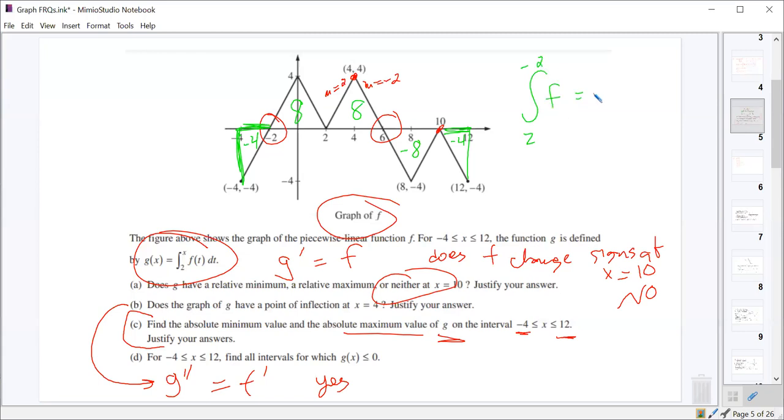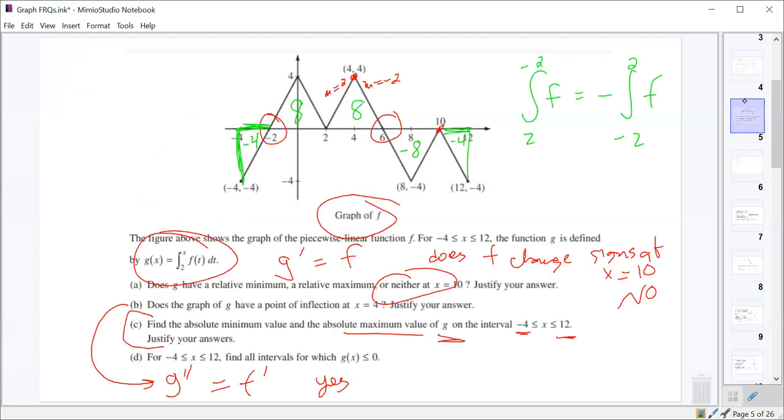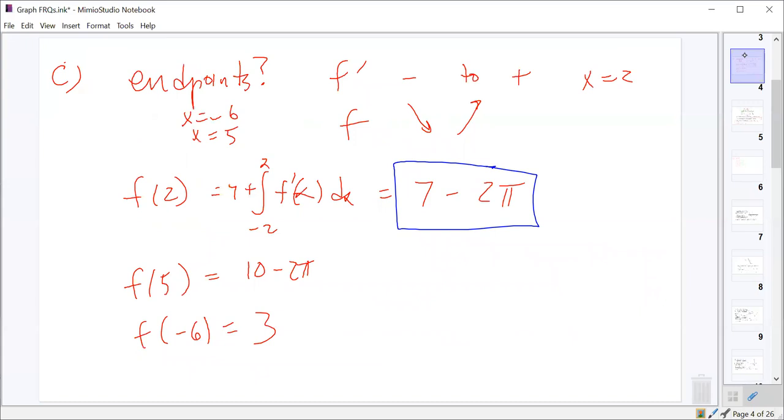What do we need to do with that? Flip it. So we're looking at the opposite of the integral from -2 to 2. The integral from -2 to 2 is 8, and the opposite of that is -8. And then if we want -4, we'll do the same thing. We'll take the opposite of the integral from -4 to 2. So the integral from -4 to 2 is -4 plus 8, which is 4. And we'll take the opposite of that, which is -4.